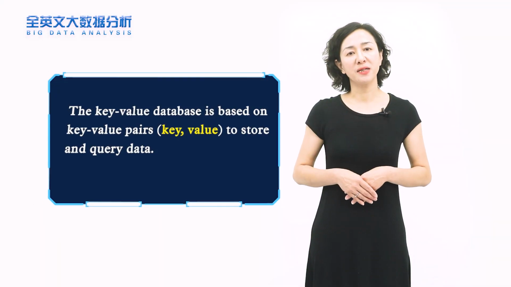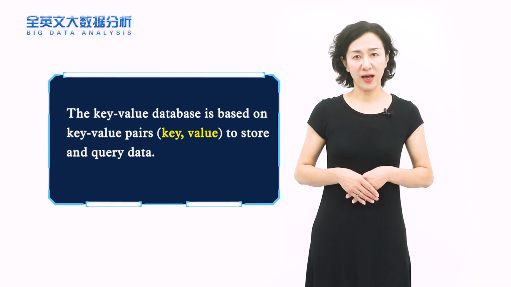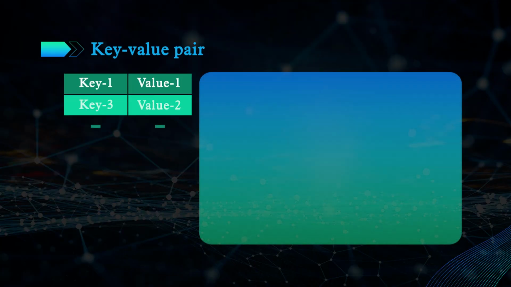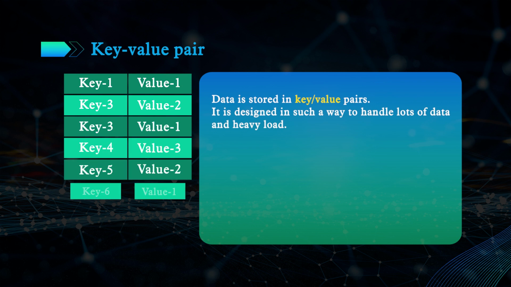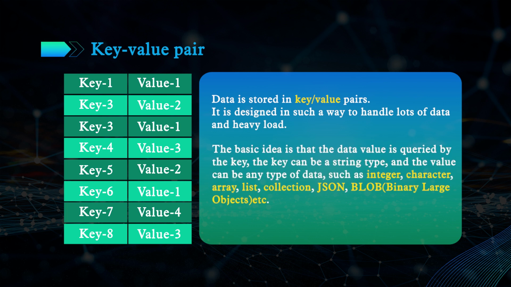The key-value database is based on key-value pairs, key and value, to store and query data. It is designed in such a way to handle lots of data and heavy load. The basic idea is that the data value is queried by the key.